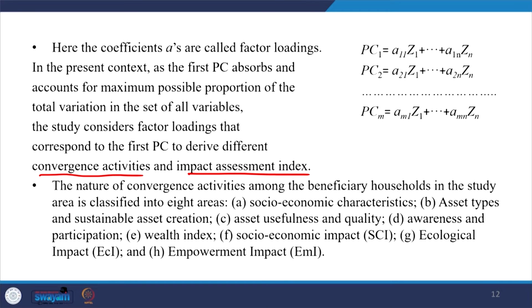The nature of convergence activities among the beneficiary households in the study area is classified into 8 areas we identified: socio-economic characteristics, asset types and sustainable asset creation, asset usefulness and quality, awareness and participation, wealth index, socio-economic impact, in short SCI, then ecological impact, ECI, and empowerment impact, EMI, etc.